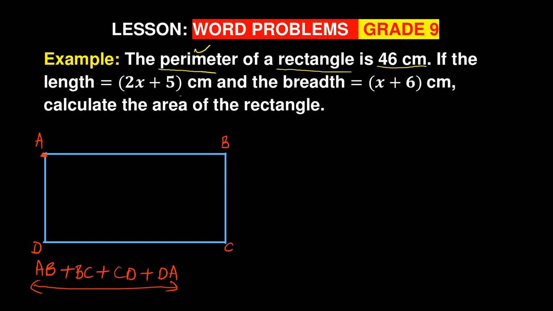So they are saying the perimeter of a rectangle is 46 centimeters if you add.